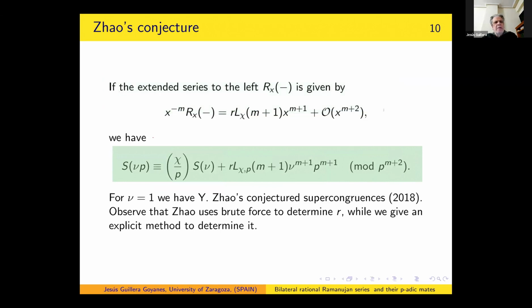And for nu equal 1, we have Thou's conjecture supercongruencies of 2018. But Thou's determine the value of R directly from the identity.